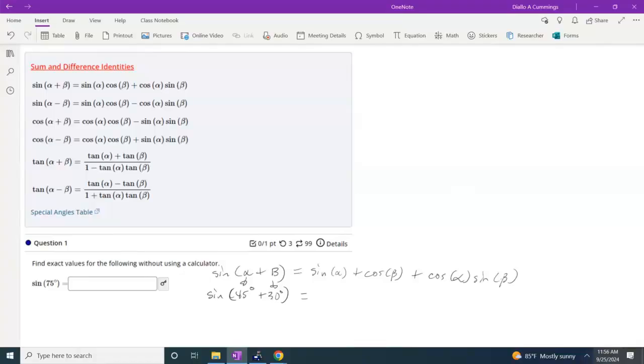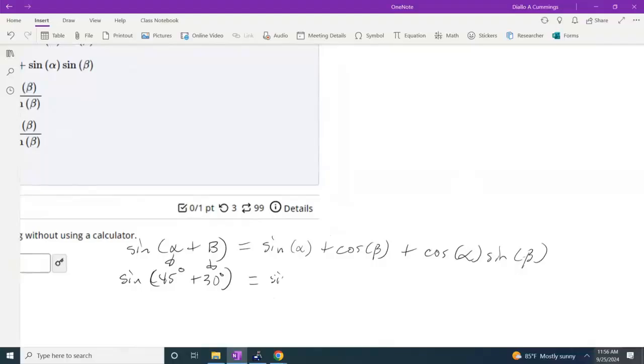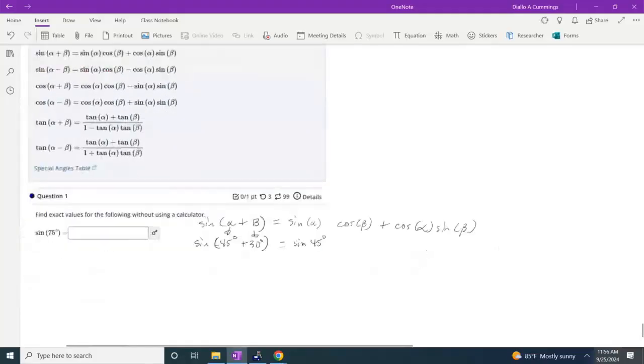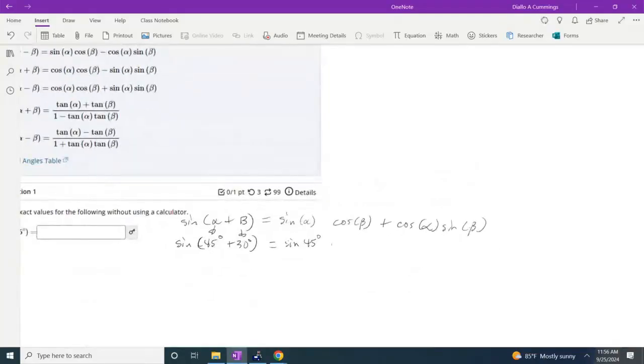So this becomes the sine of 45 degrees times the cosine of 30 degrees plus the cosine of 45 degrees times the sine of 30.